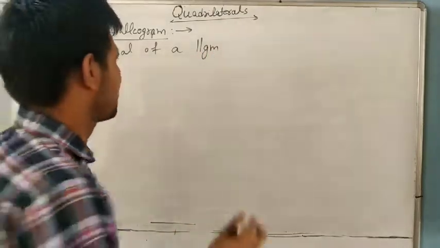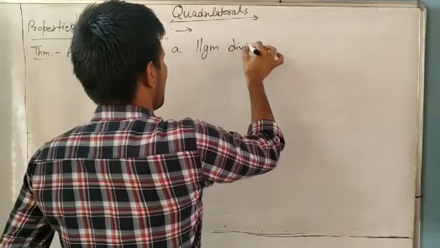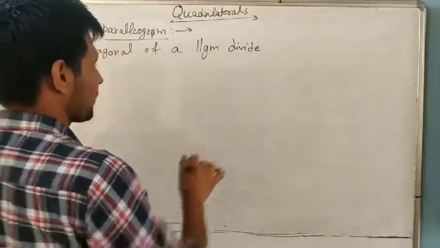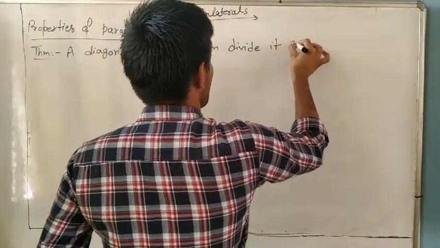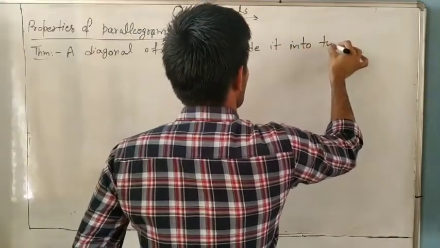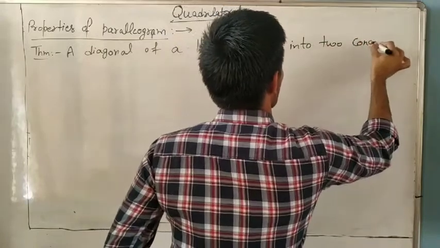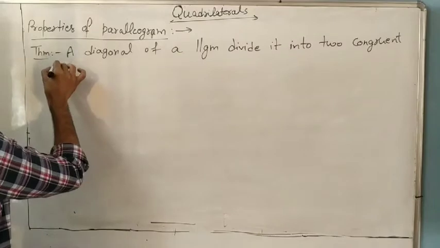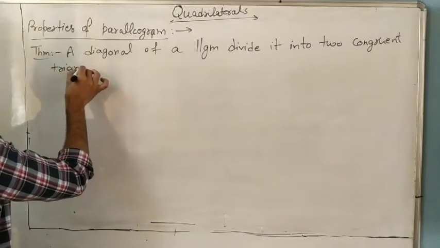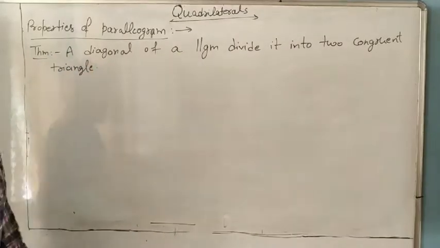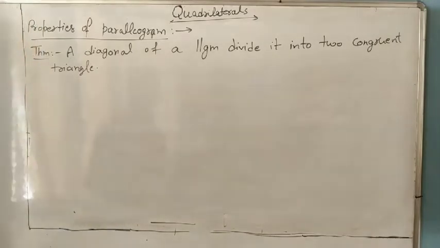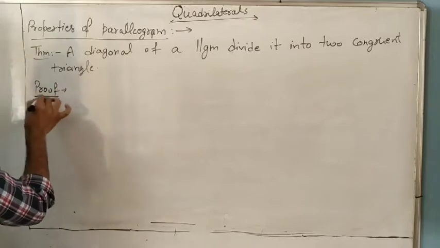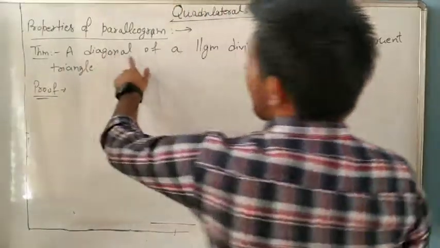A diagonal of a parallelogram divides it into two congruent triangles. Understand it?